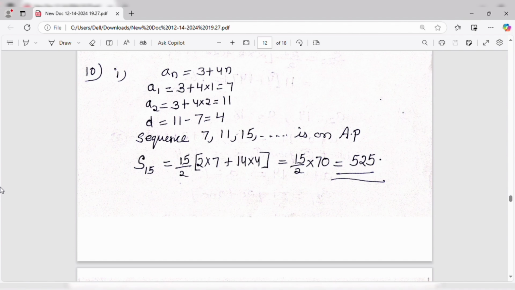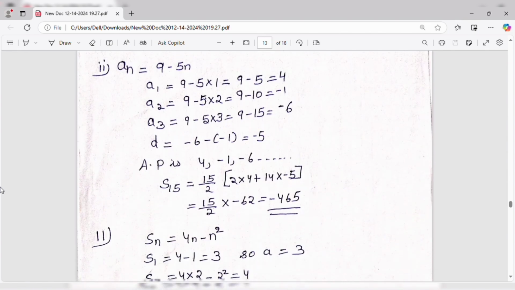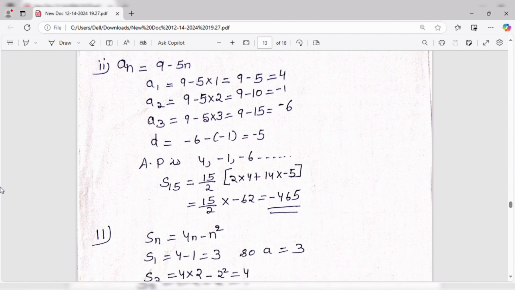So d would be 4 and S15 would be 525. In the second part, an is 9 minus 5n. Similarly, we will get a1 as 4, a2 as minus 1, a3 as minus 6 and d as minus 5. The AP is 4, minus 1, minus 6 and so on. S15 would be minus 465.